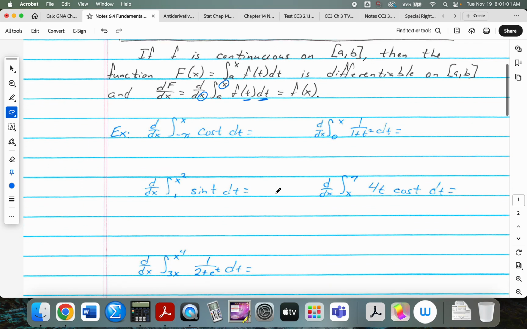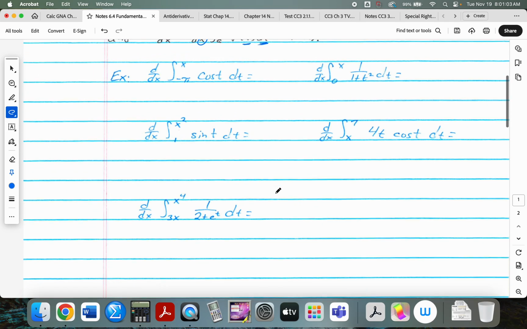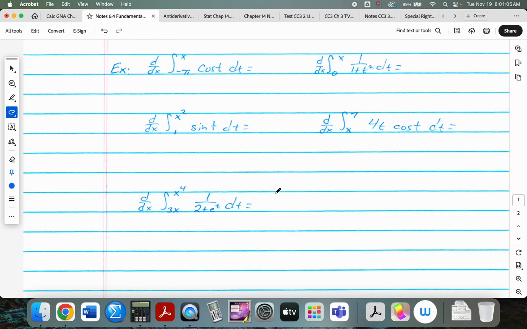Now we can do all kinds of problems with this. So for example, this is the most straightforward kind. We want to take the derivative with respect to x of the integral from negative pi to x of cosine of t dt. So this is just the straightforward, exact application of the rule. We have the derivative with respect to x.